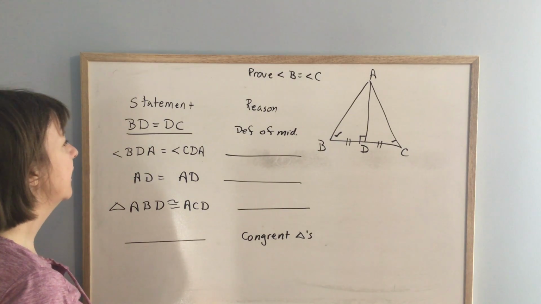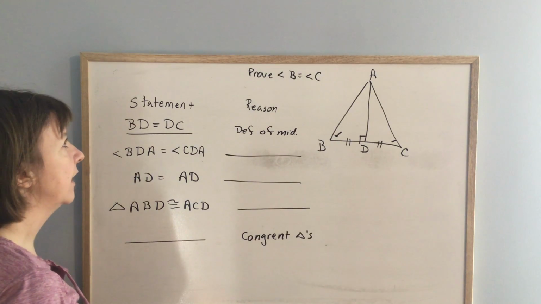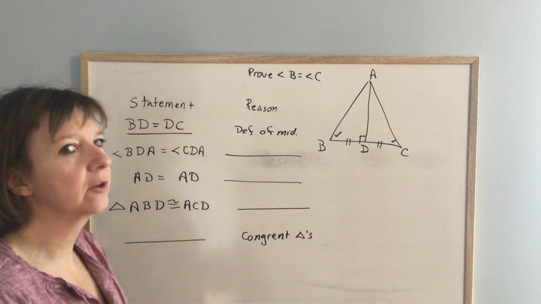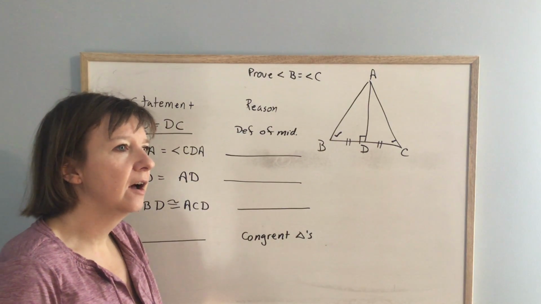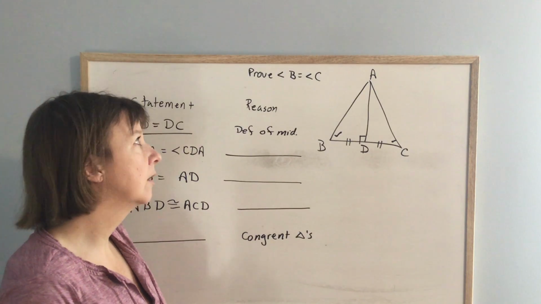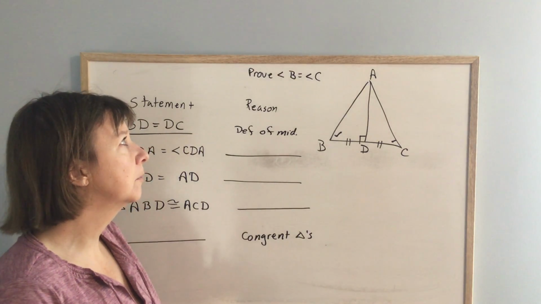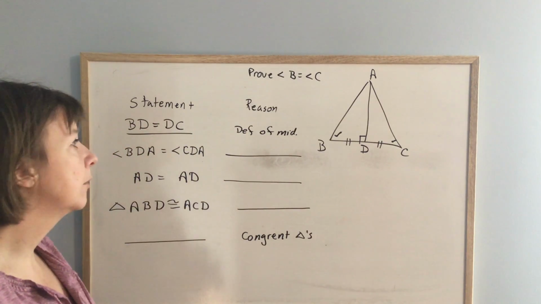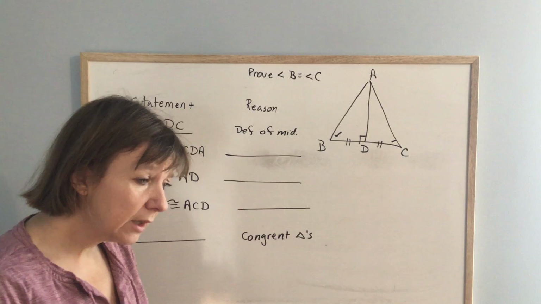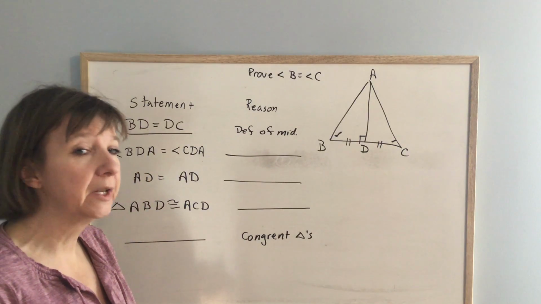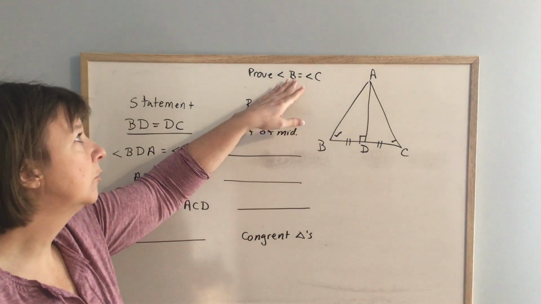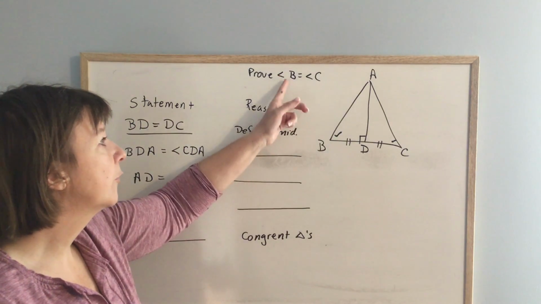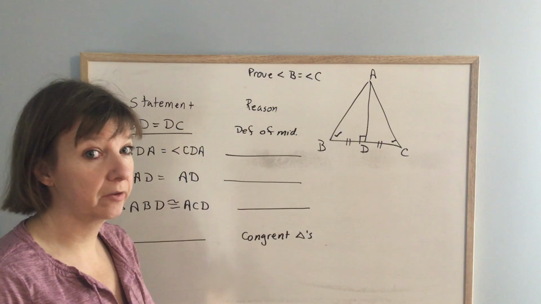Angle BDA is equal to angle CDA. Now up here they say prove angle B is equal to angle C. So one of the questions that I had was why sometimes they only use one letter to reference an angle and sometimes they use 3. You're always better to default to 3, but the reason why they only used 1 here but used 3 to describe it here was that for angle B, there's only one choice.